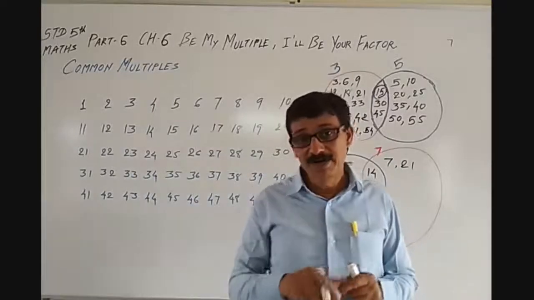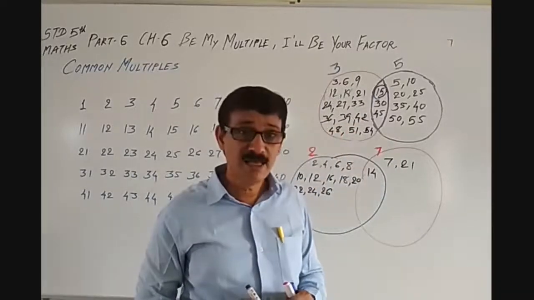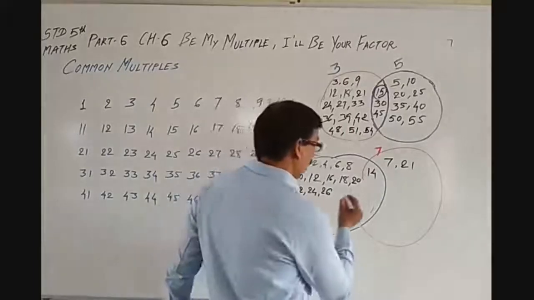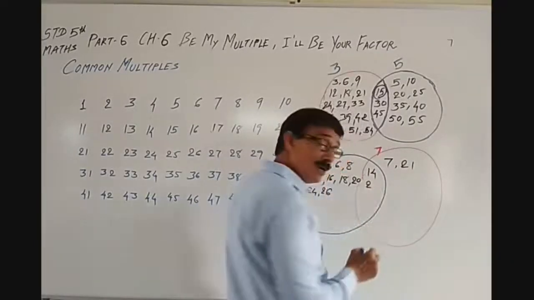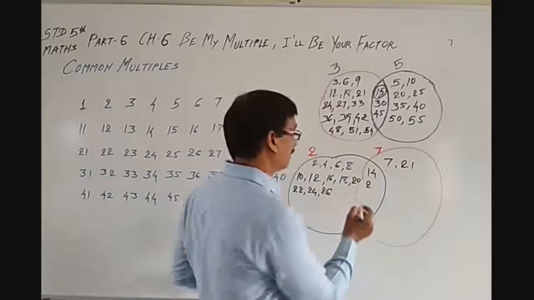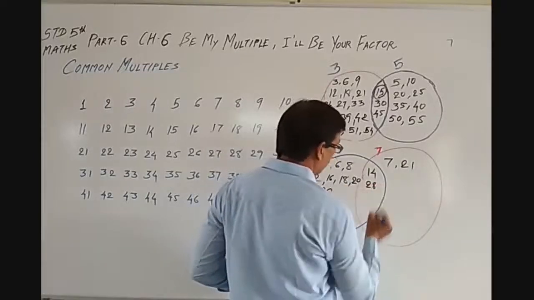Yes. Is it a multiple of 7? 7 fours are 28. So here I should write it, as it is a multiple common to both 2 and 7. That is why I should write it over here.